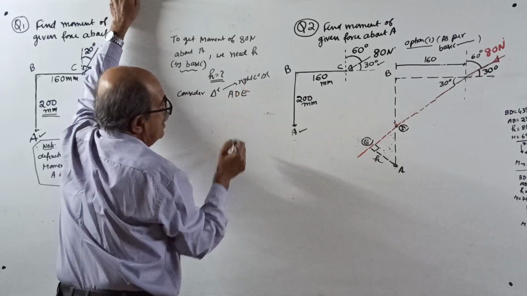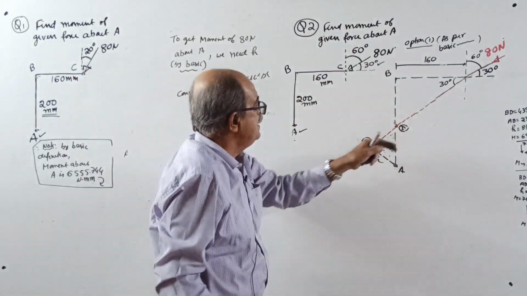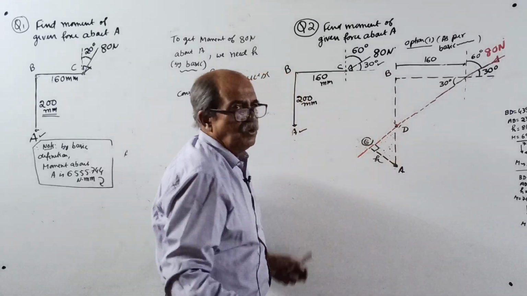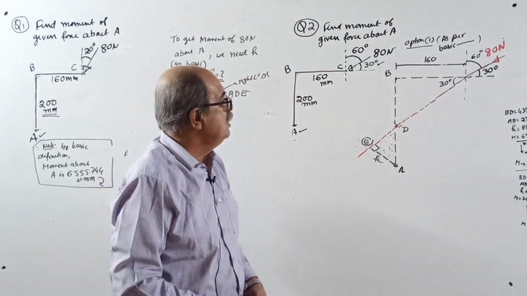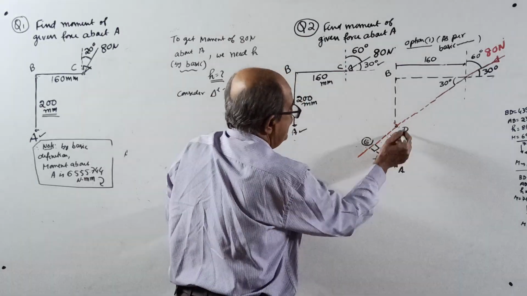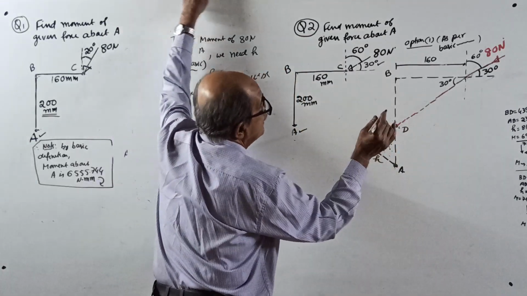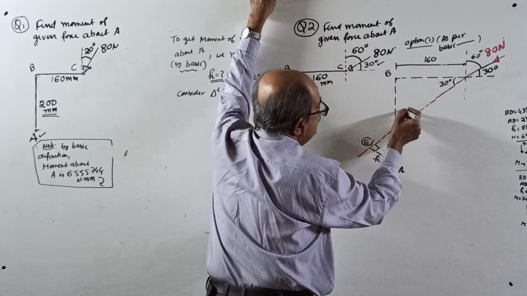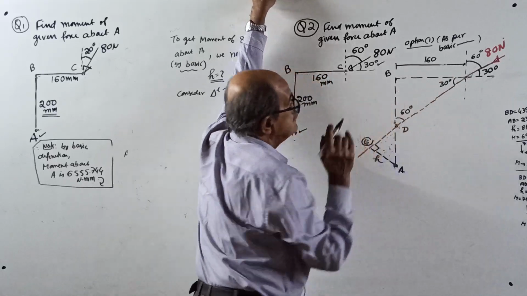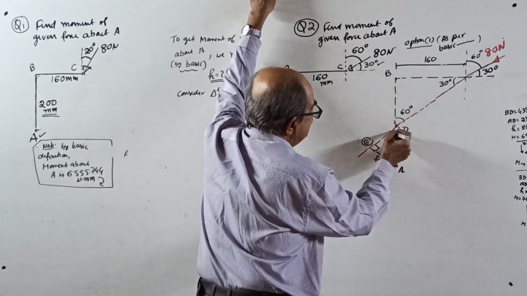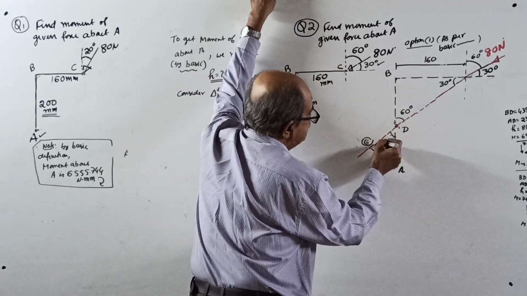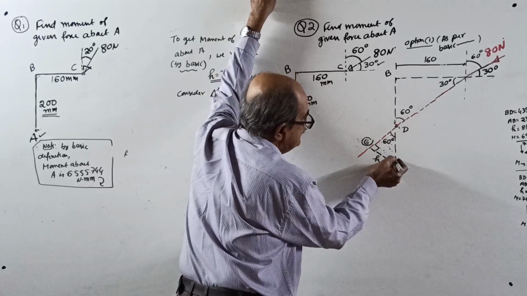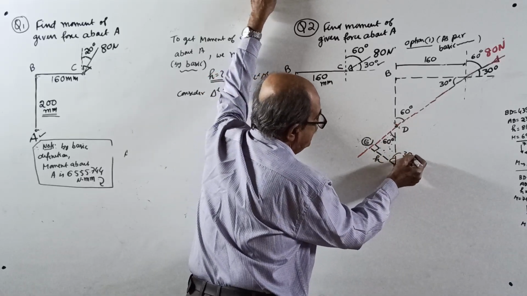ADE. Don't tell me, sir, last time you told DEA. Who will remember what I told last time? ADE. Okay, see here. If this is 30 degrees, you should write this angle is 60 degrees. If that is 60 degrees, this angle is also 60 degrees. That much common sense is required. Or this angle equal to 30 degrees.